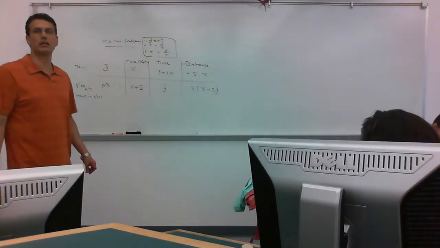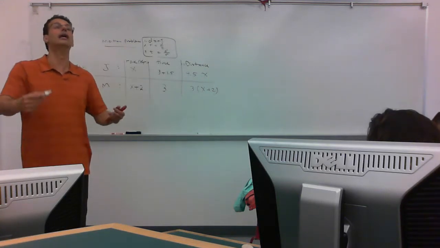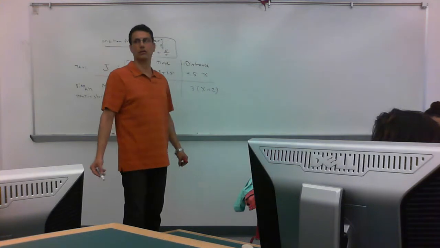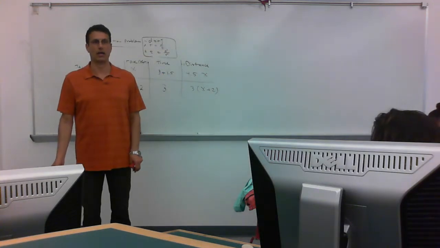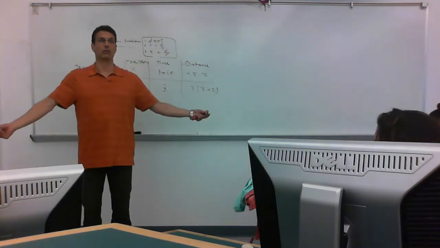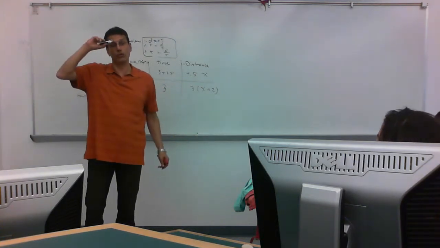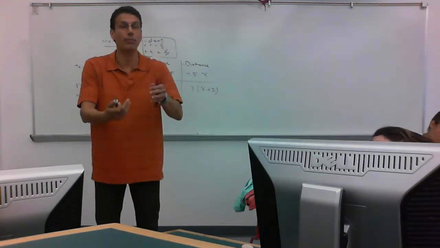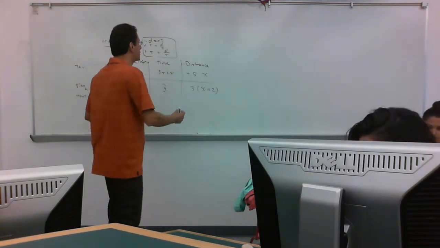The second one is the distance Mary has covered, and there is a relationship between the two distances. And what is that? They must be equal. As you read the question, you realize they must be equal, or at some point you may add them up. It depends on the situation. In this case, they are equal.